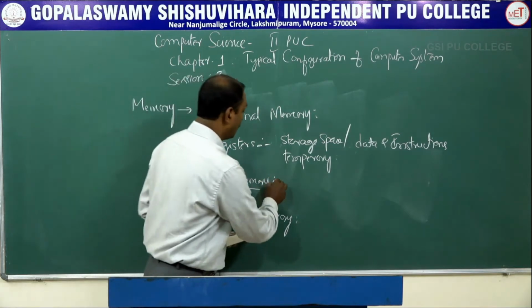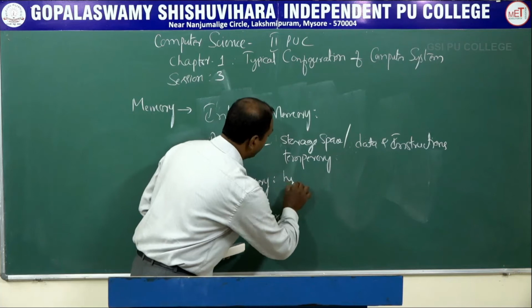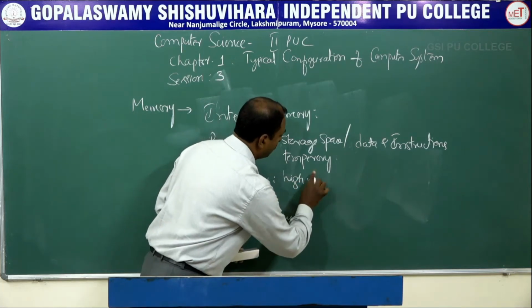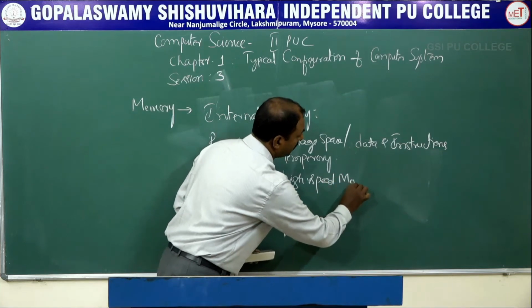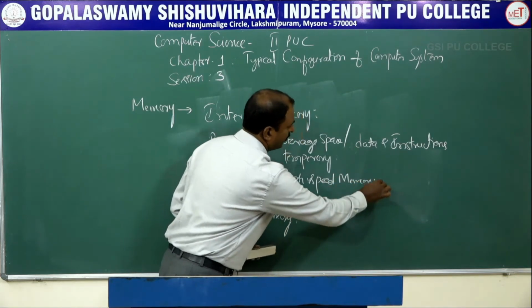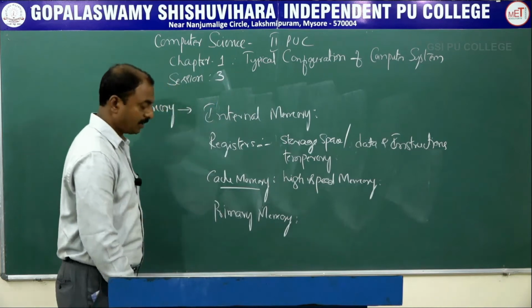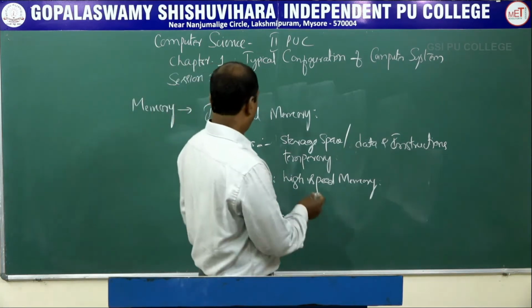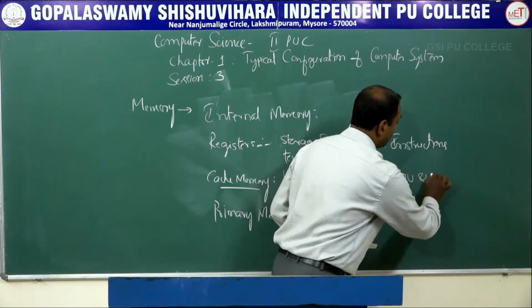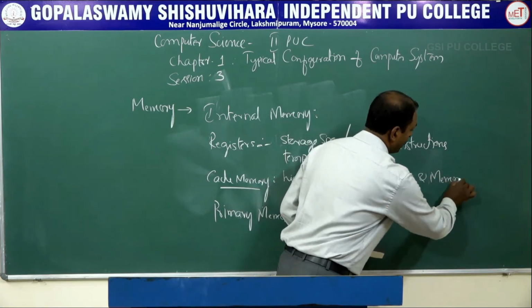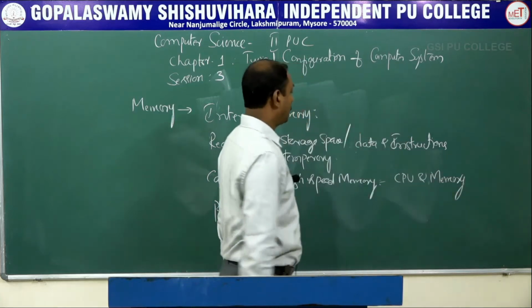What is a cache memory? Again, it is also a high speed memory. Cache is a high speed memory, and it used to be placed between CPU and memory unit of computer system.